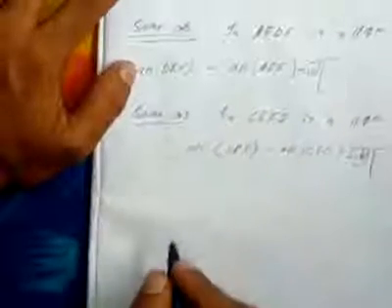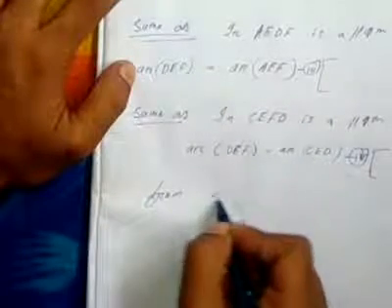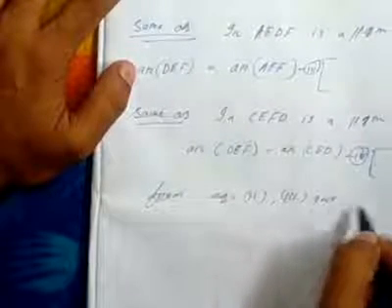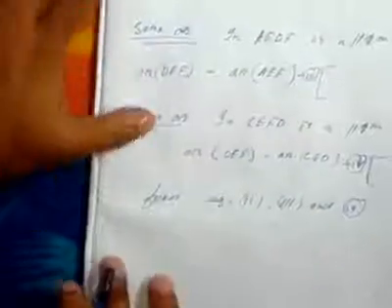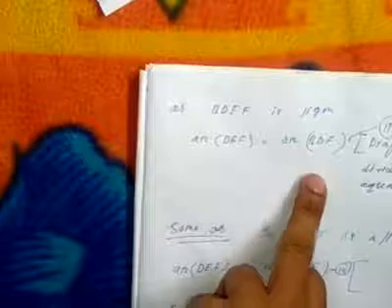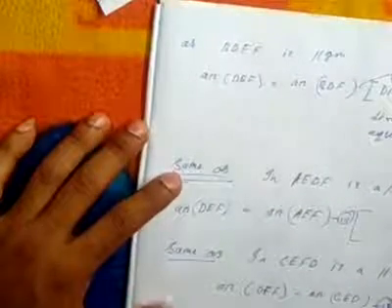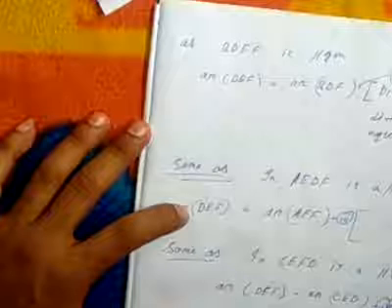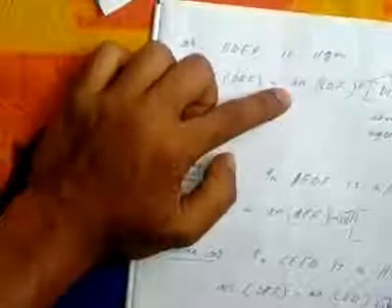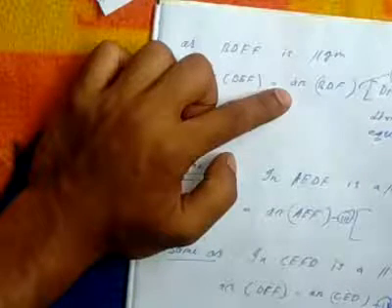So we'll conclude here from equations number 2, 3 and 4. From equation number 2, you can see area of DEF is equal to area of BDF.